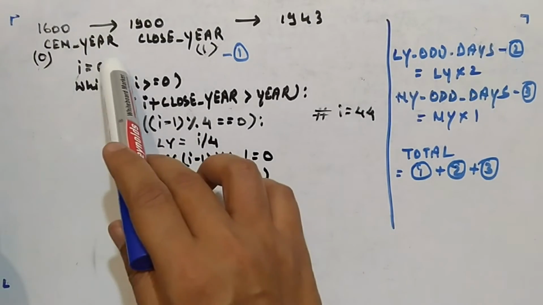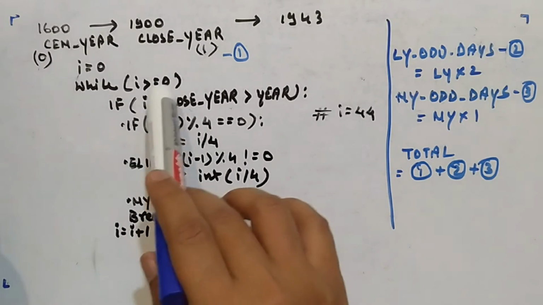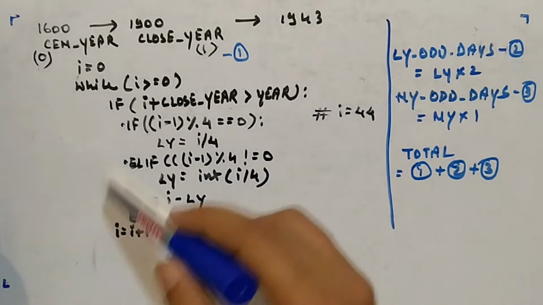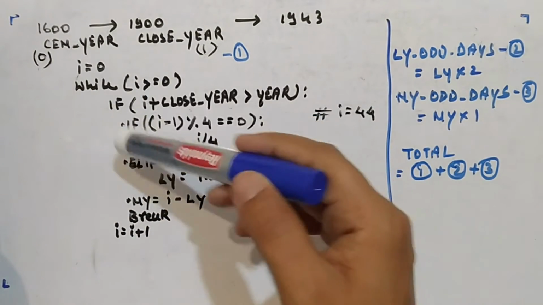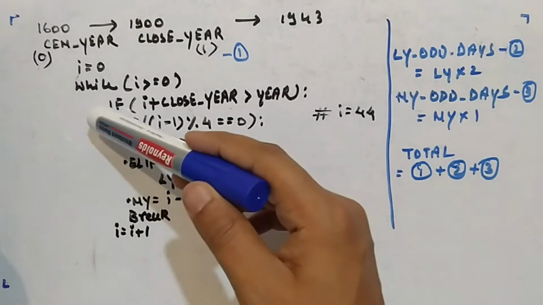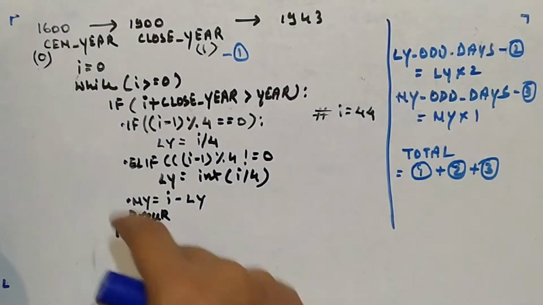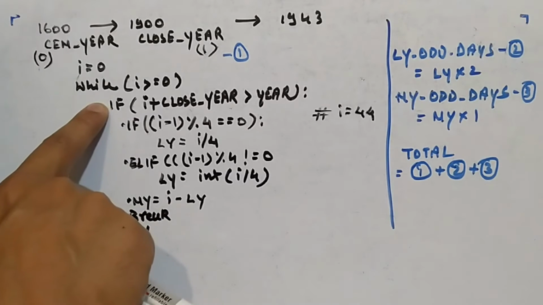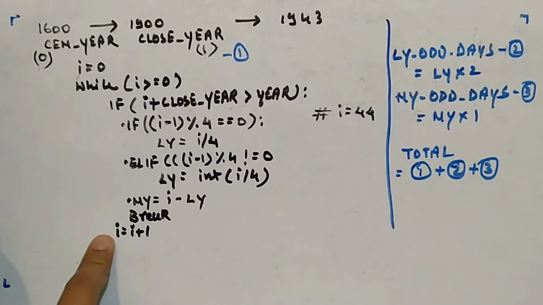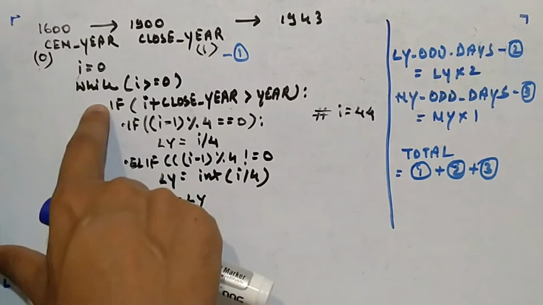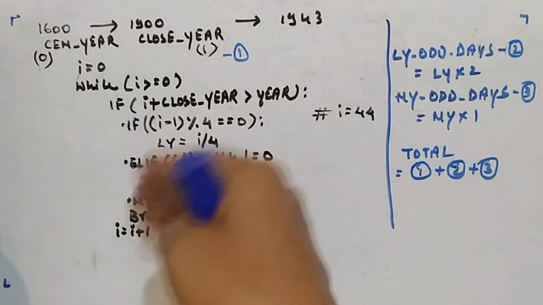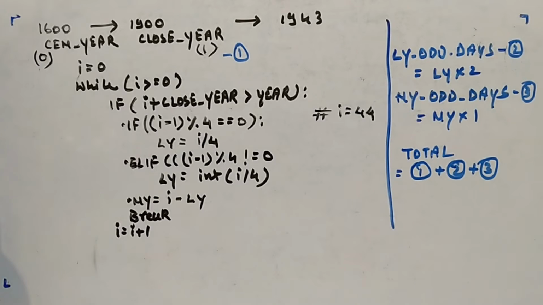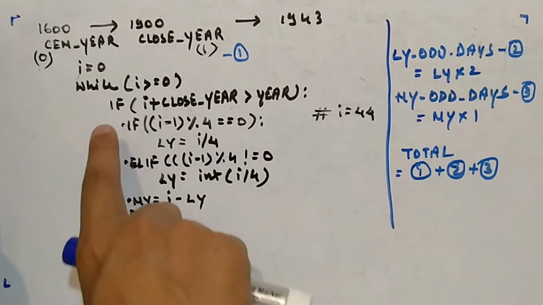You can see I is initialized to 0 and the while loop is started. As long as I is greater than or equal to 0, this will be executed. The if condition is checked all the time. This is the outer statement, the if condition, and the second statement increases the value of I. So it will check whether this condition is met, else it will keep on incrementing the value of I. What will it check?